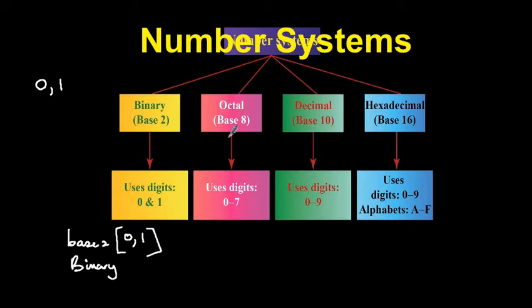So the octal system, base 8, only has digits from 0 to 7. So base 8 digits range from 0 to 7. So 0, 1, 2, 3, 4, 5, 6, 7.